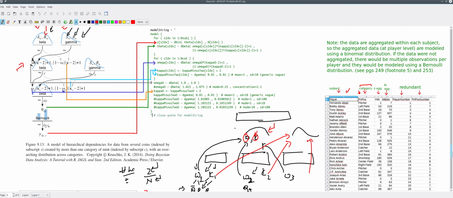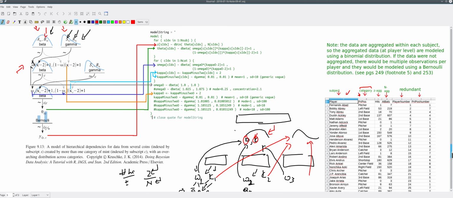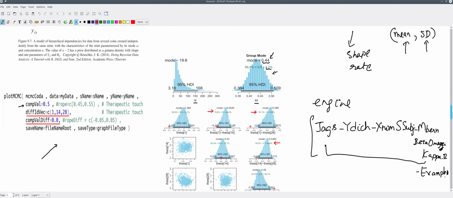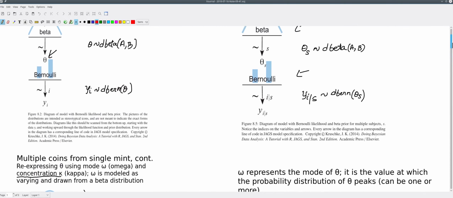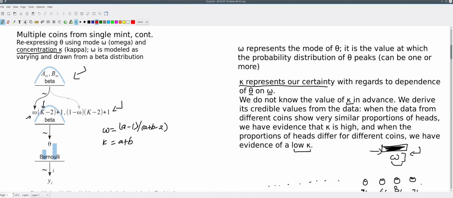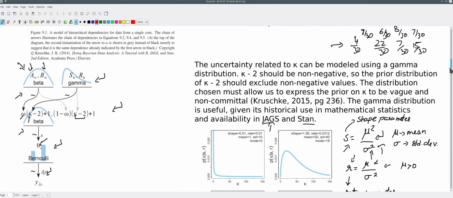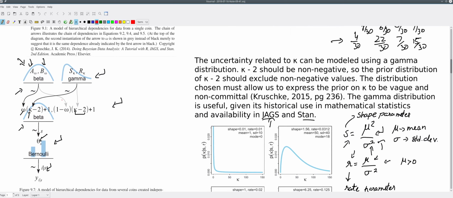Our model would look like this. We'll have all the thetas, well, like this.